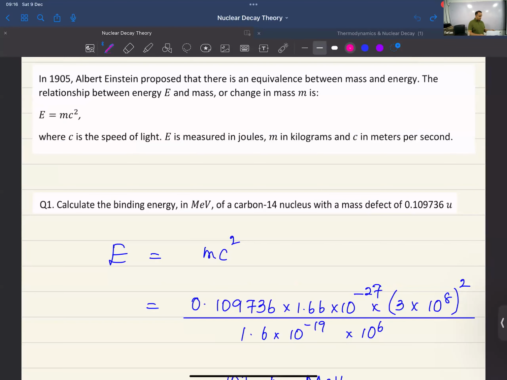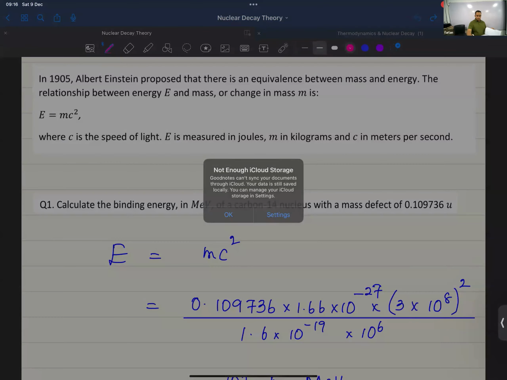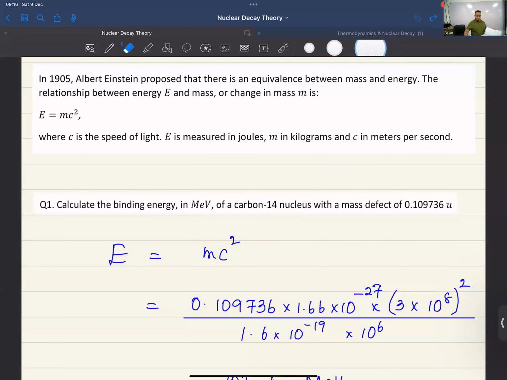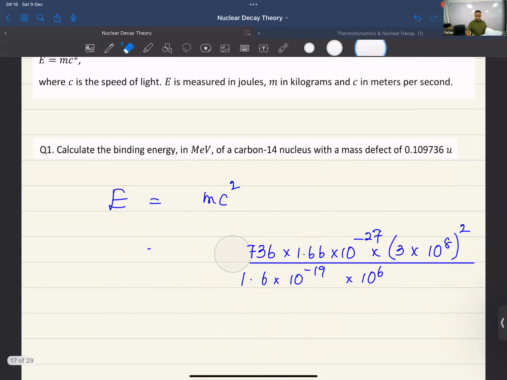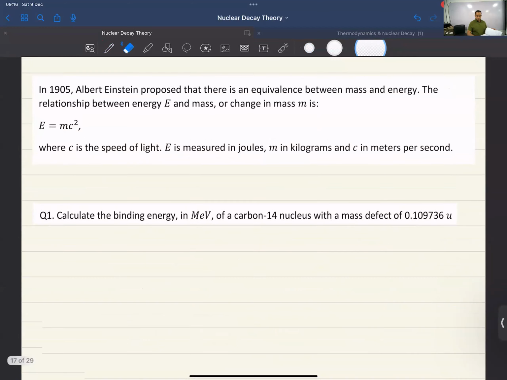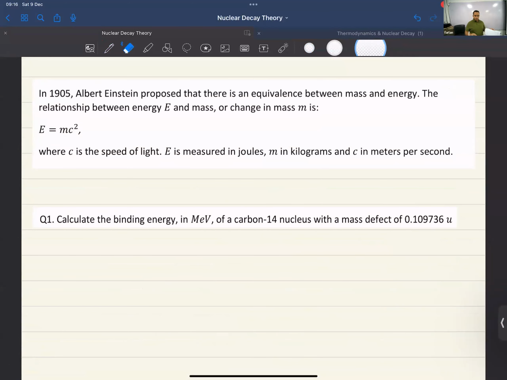In 1905, Albert Einstein proposed that there is an equivalence between mass and energy. Full stop.